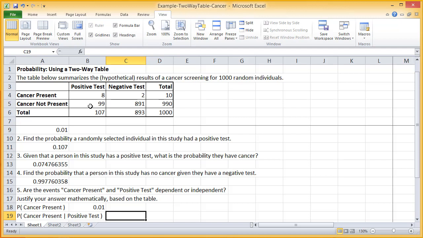According to the table, we had 107 positive tests. Out of those, how many had cancer? There were 8 of them. This was the answer to number 3. Given that a person has a positive test, what's the probability they have cancer? Just to calculate it again, it equals 8 out of 107.